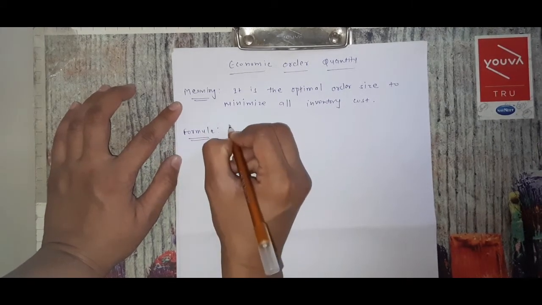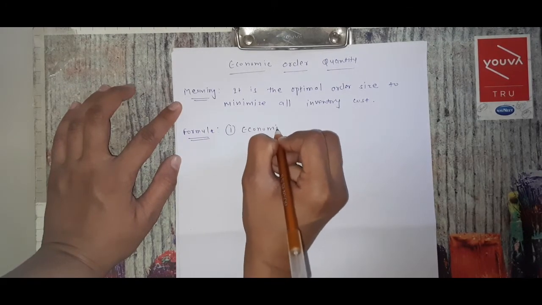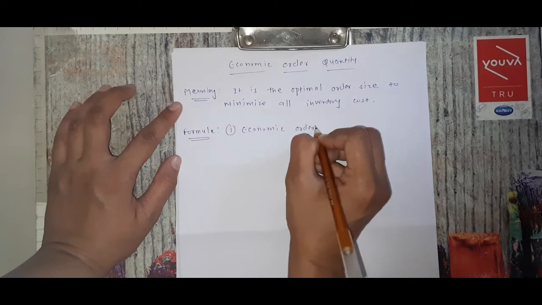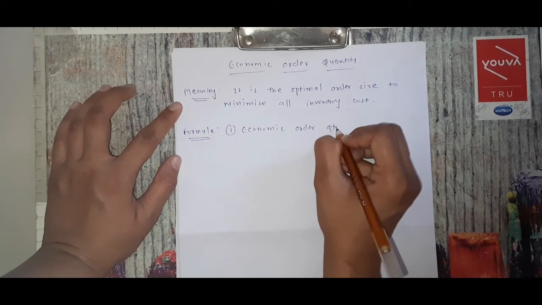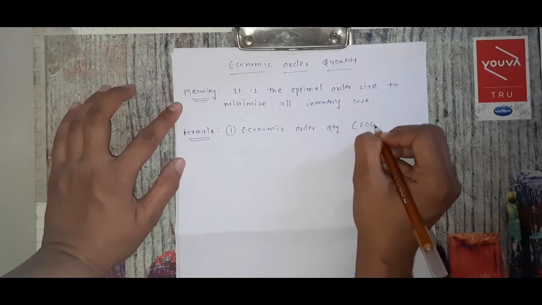First formula is economic order quantity. In short, we can say that EOQ.